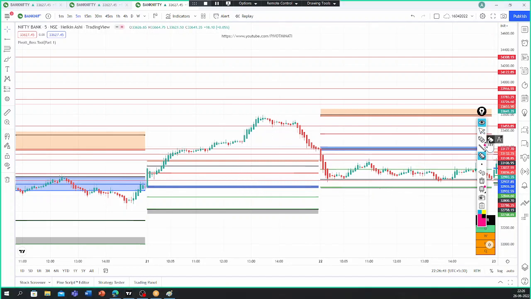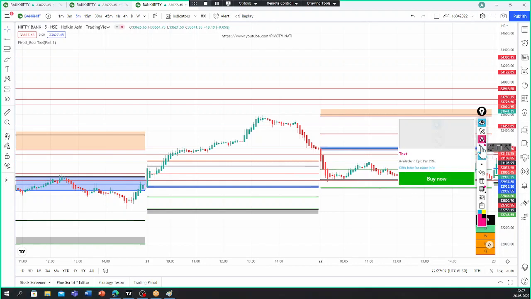Because Heiken is noiseless trading, right? Heiken will give you full one-side signal, and it will give you a signal that it is changing, when a doji kind of candle forms.